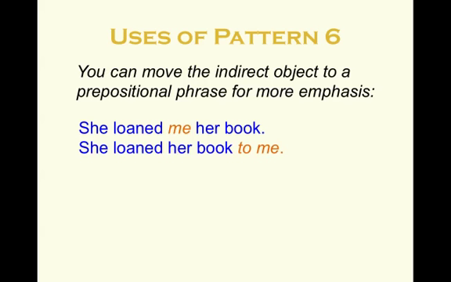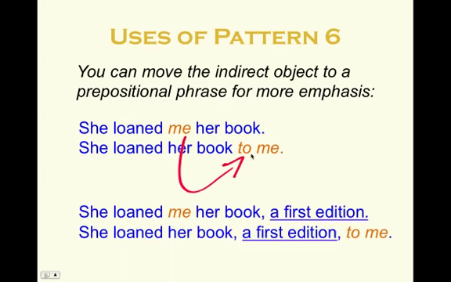She loaned her book to me. Do I want to focus more on what has been given or who is receiving it? So you simply take your indirect object and move it to a prepositional phrase, to me.